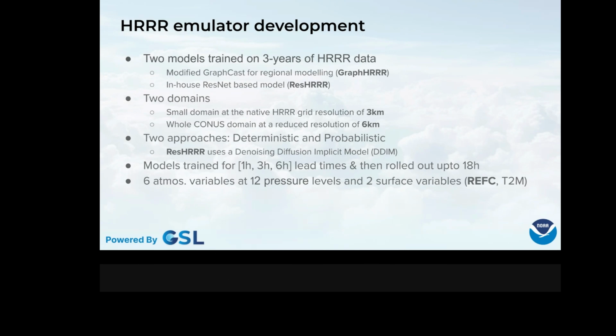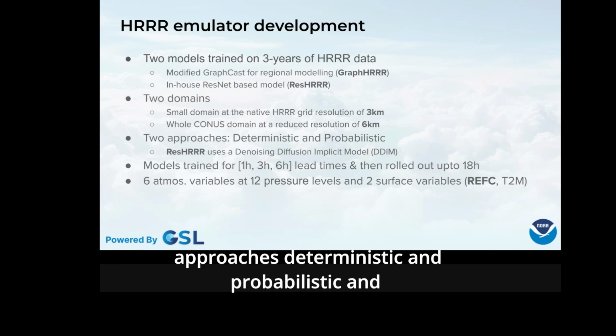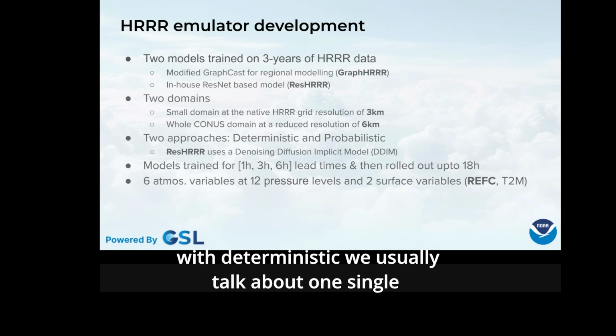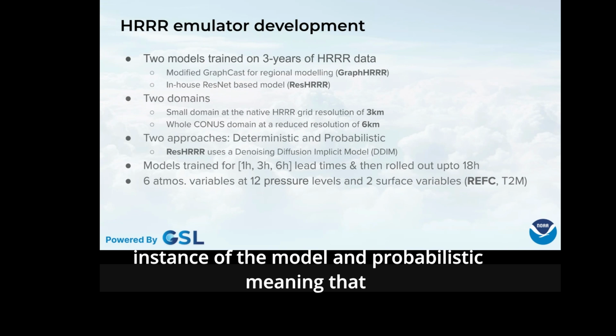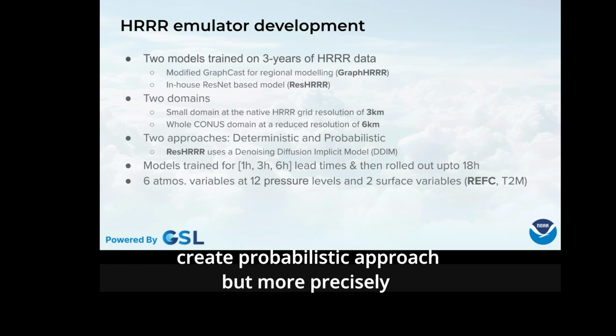Also, we decided that we will use two different approaches, deterministic and probabilistic. With deterministic, we usually talk about one single instance of the model, and probabilistic meaning that we have an option to run an ensemble and create a probabilistic approach.